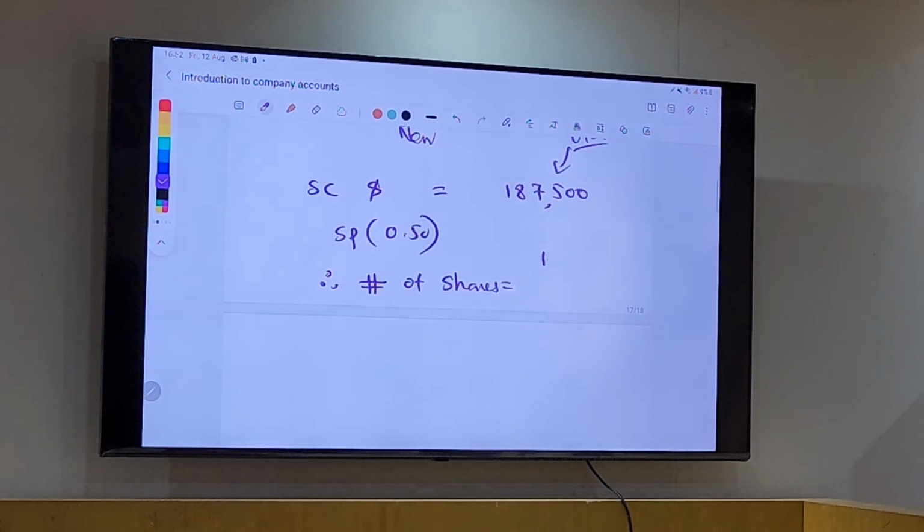Divide by 0.5. You get what is the answer? 300,000. This is called the existing number of shares.